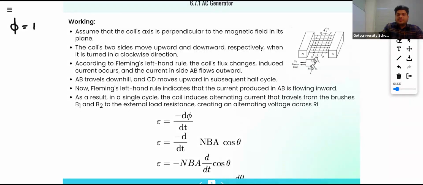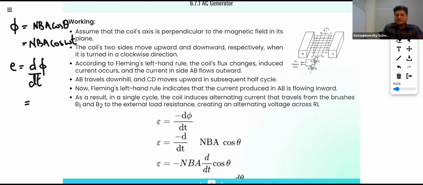Phi is equal to NBA cos theta. In place of theta, we can write omega t. So E will be equal to d phi by dt, that is d upon dt of NBA cos omega t. NBA will come out, and we use d by dt of cos omega t.